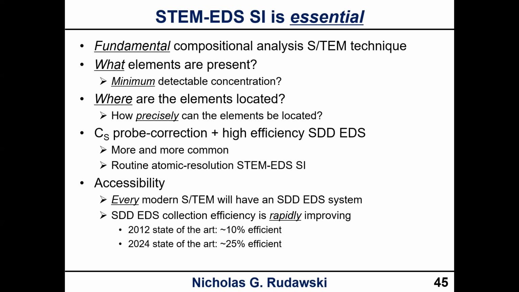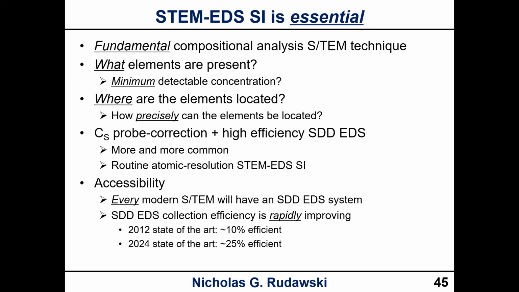And the other cool thing about this is that SDDs are rapidly improving in terms of collection efficiency. Okay, so back in 2012, the state-of-the-art collection efficiency was around 10%, meaning 10% of the X-rays emitted from the sample would be collected. And today, we're getting closer to 25%, okay, which is massive, okay?